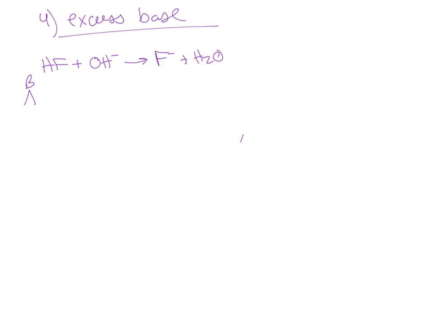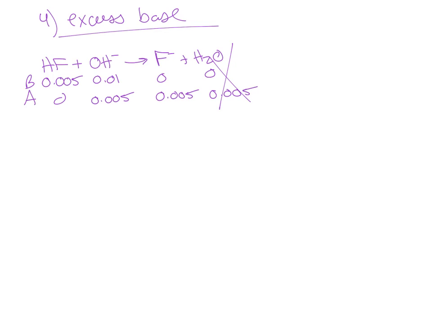So we're still doing a before and after chart. So what do I have? I have 0.005 moles of HF. And let's say I'm adding 0.01 moles of OH minus. So what's left? 0 HF, 0.005 OH minus, 0.005 F minus, and 0.005 H2O.